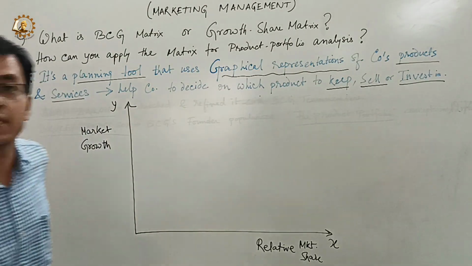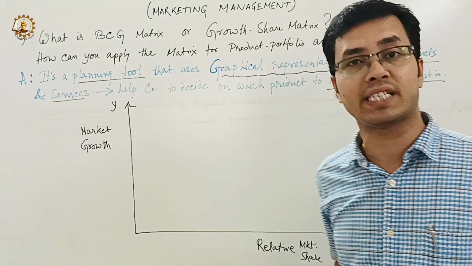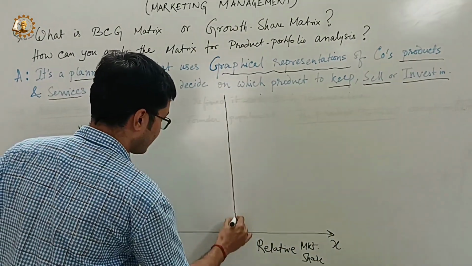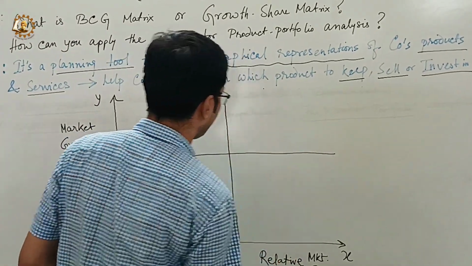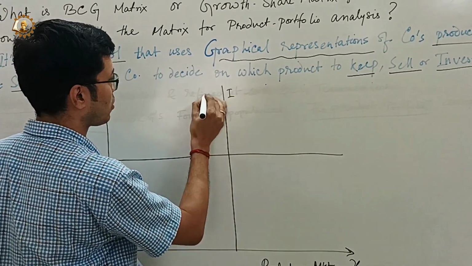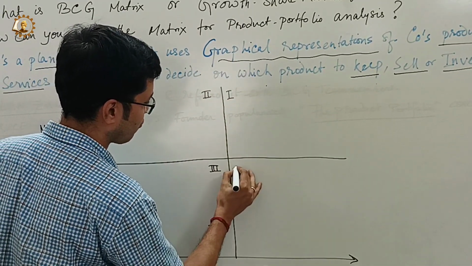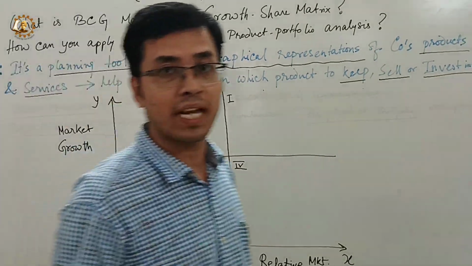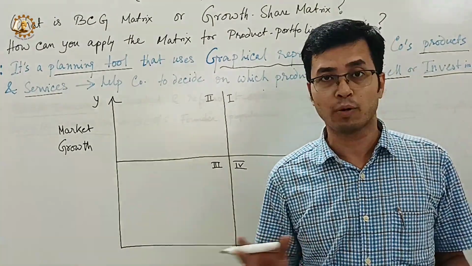Now, this is also seen as a quadrant. There are four quadrants in BCG. How is the quadrant made? Like this. This is quadrant 1, this is quadrant 2, this is quadrant 3, and this is quadrant 4. So if the question comes like show the BCG matrix with the help of a quadrant, you don't have to be worried about it.